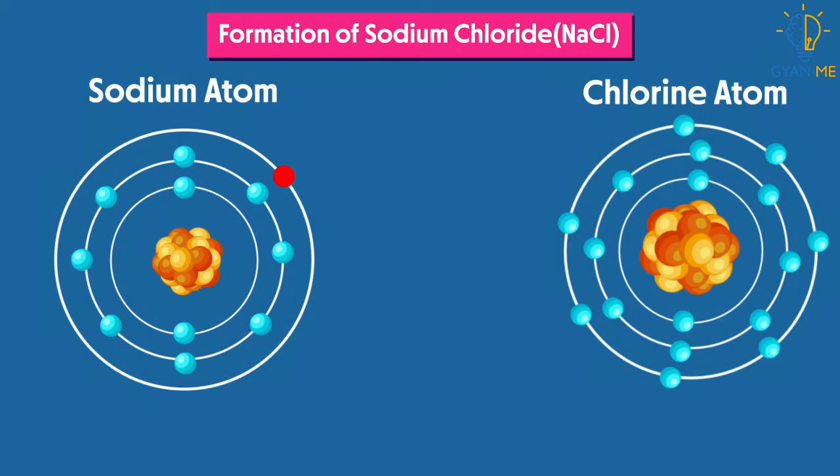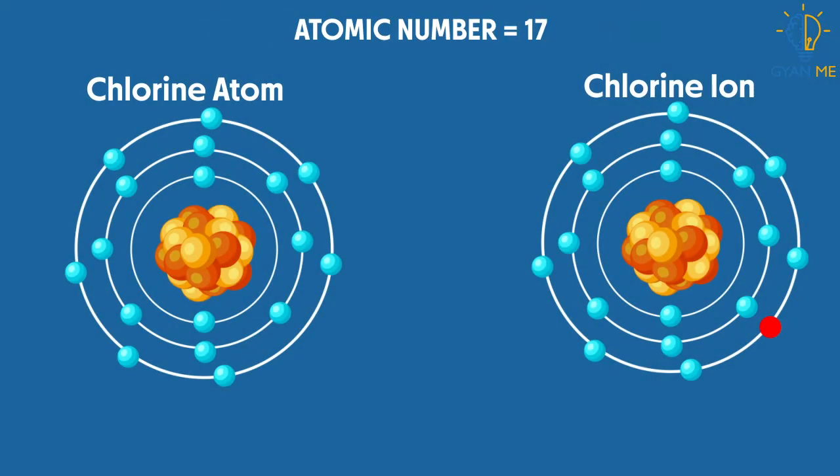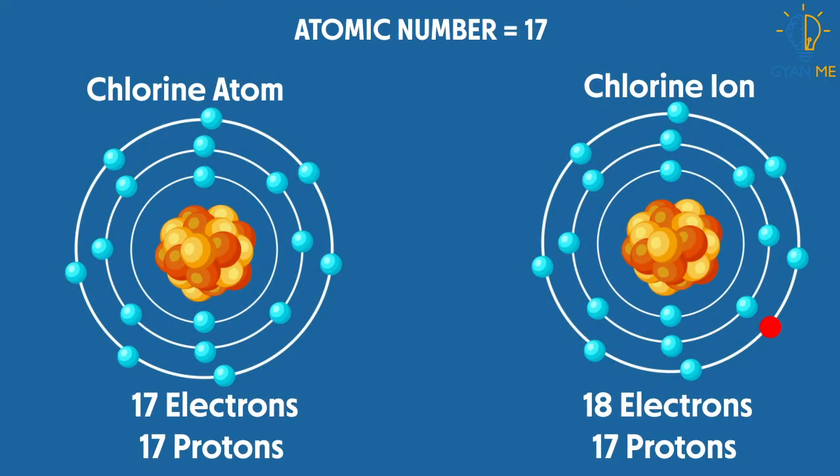Now chlorine, which has 7 electrons in its outermost shell, accepts the electron from sodium and completes the octet configuration to become stable. After gaining 1 electron, the total number of electrons in chlorine atom becomes 18. But the number of protons in the nucleus still remains to be 17.